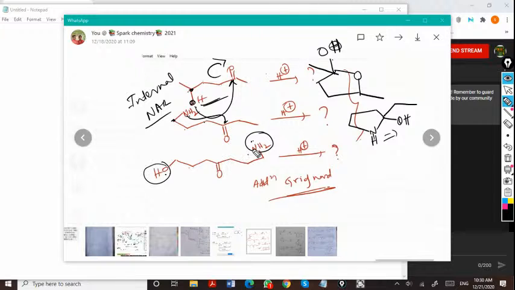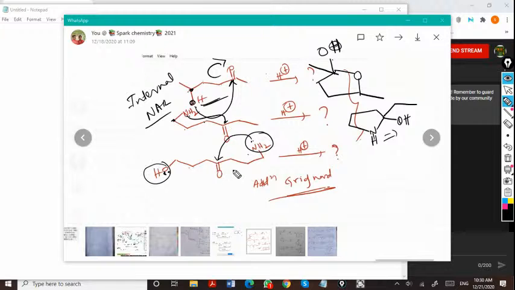Among these two, nitrogen and oxygen are the variables. Nitrogen is less electronegative when compared to oxygen. When a more electronegative element is there, it will bind the electron density more tightly, so its donation will be less efficient. So NH2 can donate more when compared to oxygen.